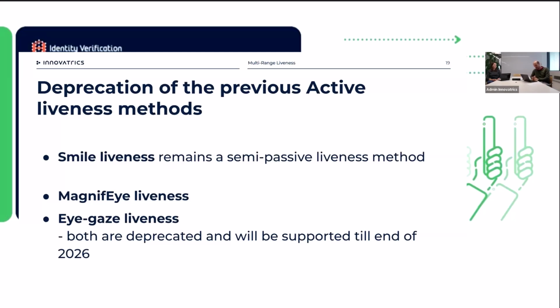These two will still be supported until the end of next year, 2026. So you have pretty much time to migrate to the new multi-range liveness, which I think you will find better than the previous two. And of course, if you don't make it by the end of 2026, that doesn't mean that you cannot use them after that time. It's just that we will not provide any bug fixing after this date.